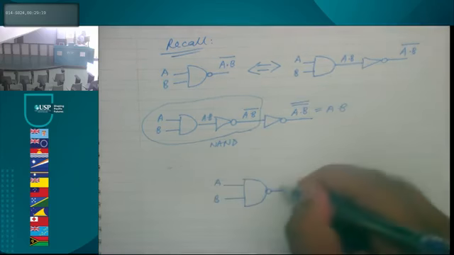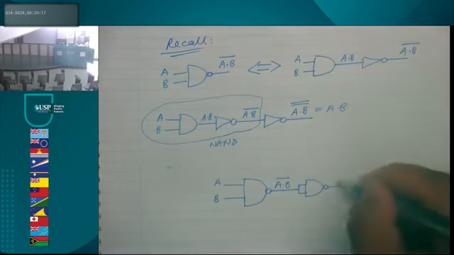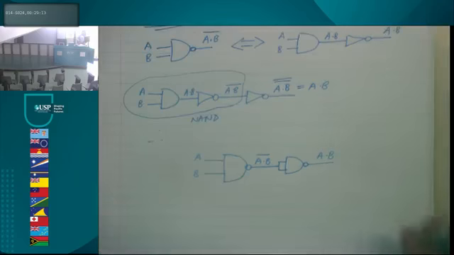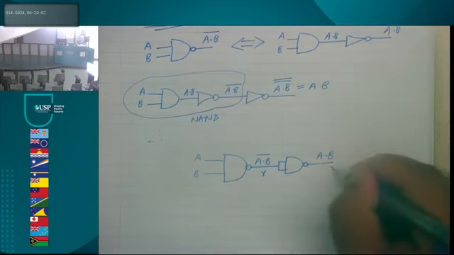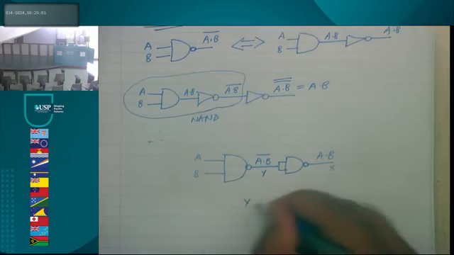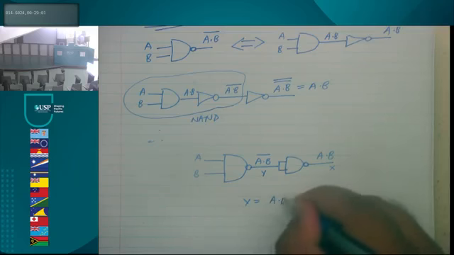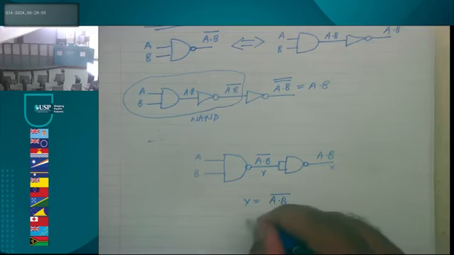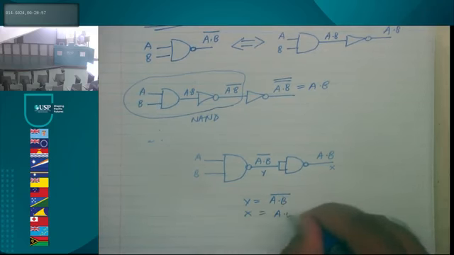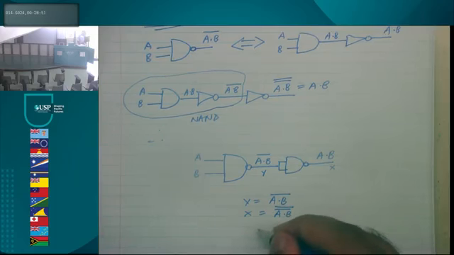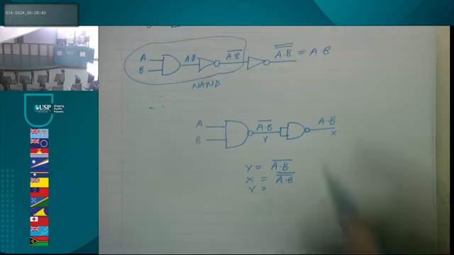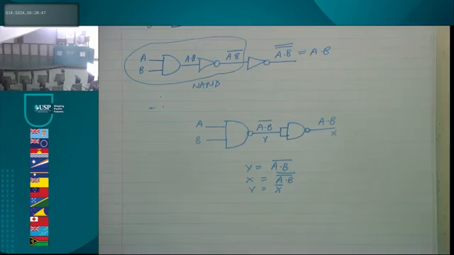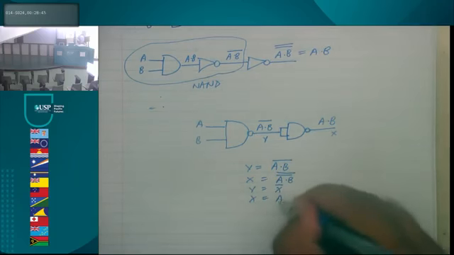That's A, B. This is A and B bar, and this becomes A and B. If we say this point is Y and this is X, then Y is equal to A and B bar, X is equal to A and B double bar, so Y is equal to X bar, therefore X is equal to A and B.